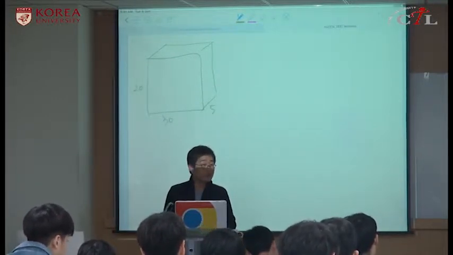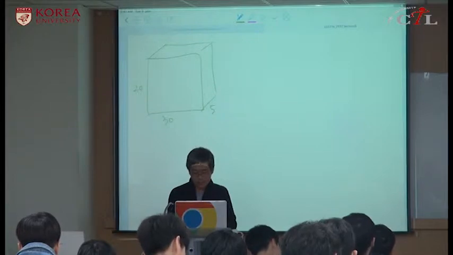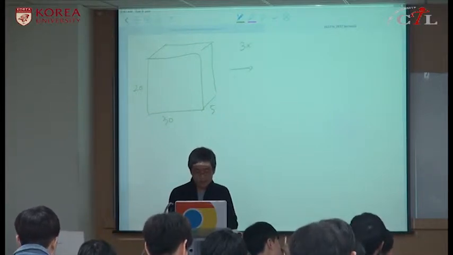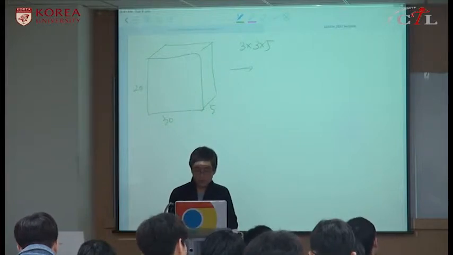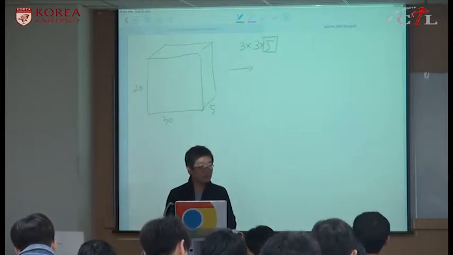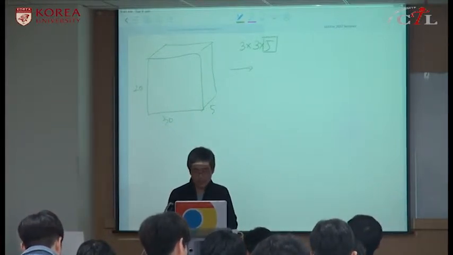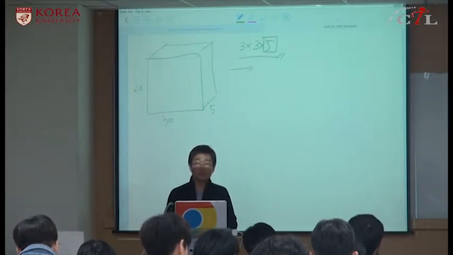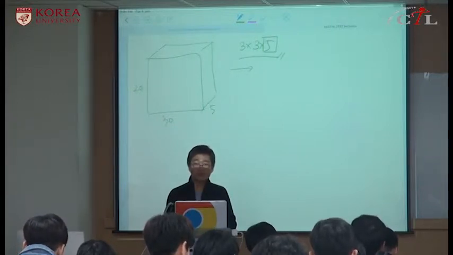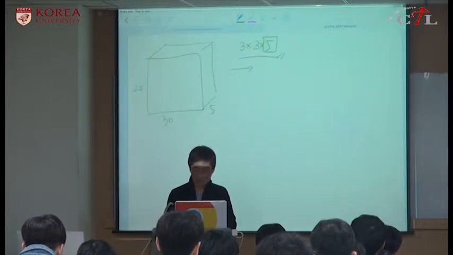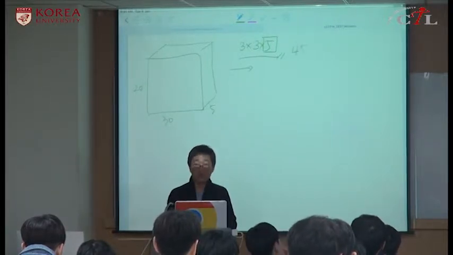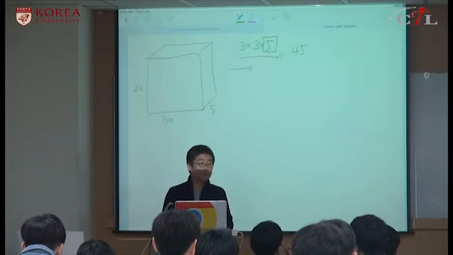Suppose we have this input activation, and suppose our filter size is 3x3 by 5, which is the same depth as the input activation map. And then these are the number of parameters that we have to do the gradient descent update, right? And so we have 45 different parameters. Okay.